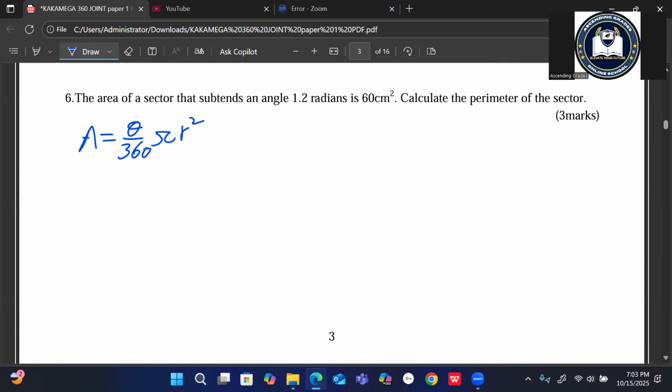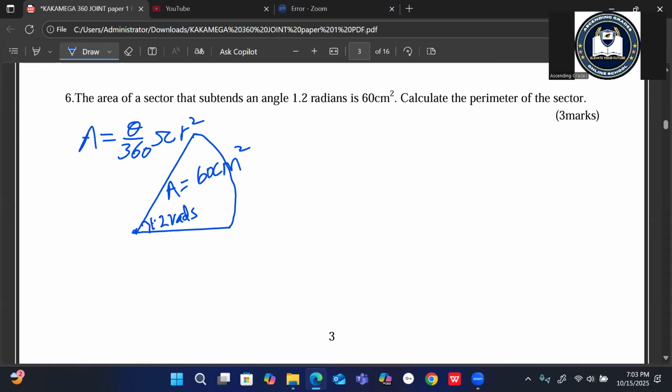A sector looks like this. That is our sector. We have 1.2 radians and its area is 60 centimeters squared.